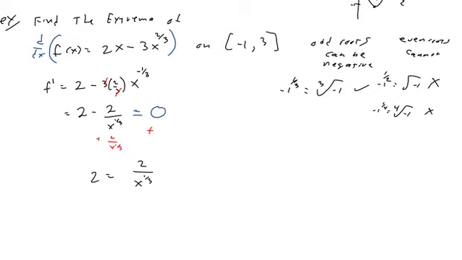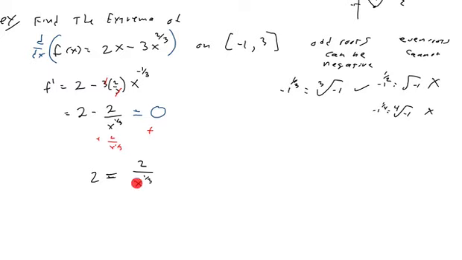And now there's two things I can do. One thing I can do is multiply x on both sides and then divide by the 2.